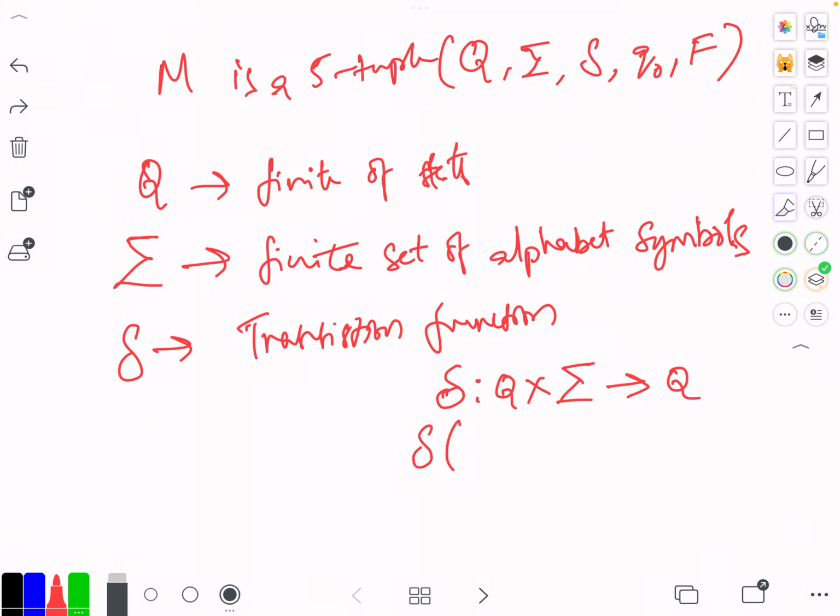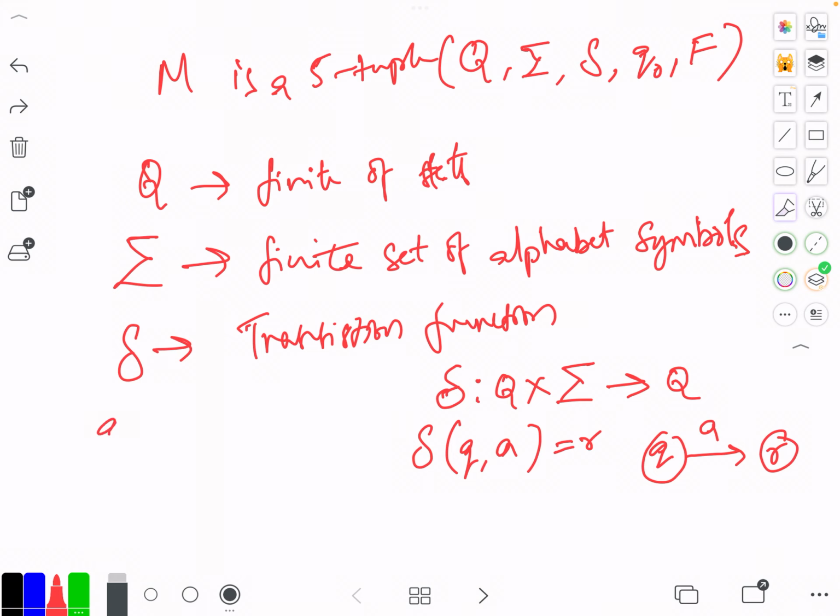And for example, let's say Q and a are two different things. Q is the state and a is an alphabet symbol. That means from Q state, reading a, you get to R, which is an accepted, final state.